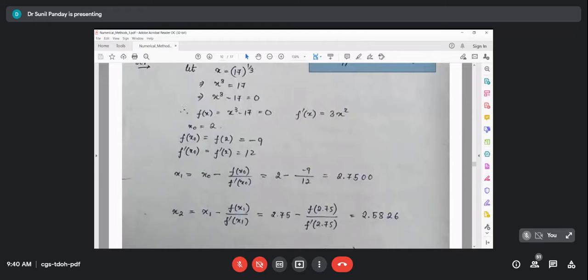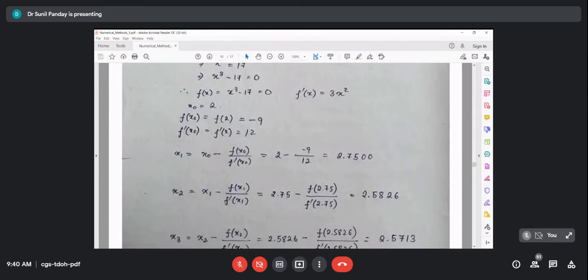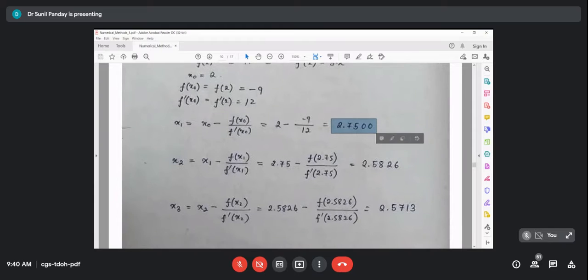Once you know your x naught, it is 2, you calculate the value of f at x naught, which is minus 9, and the value of f dash of x naught, which is 12, and the formula is x1 equals x naught minus f of x naught divided by f dash of x naught. You get this value.